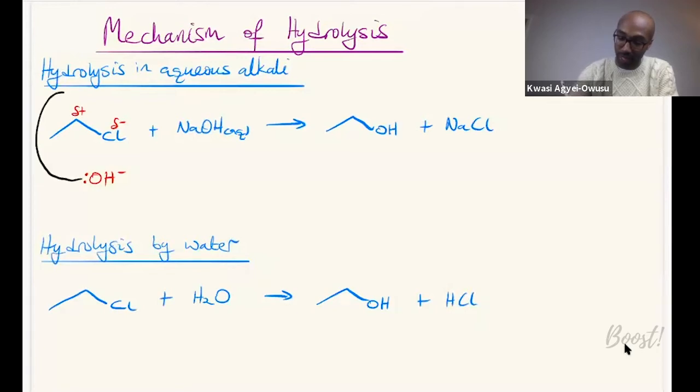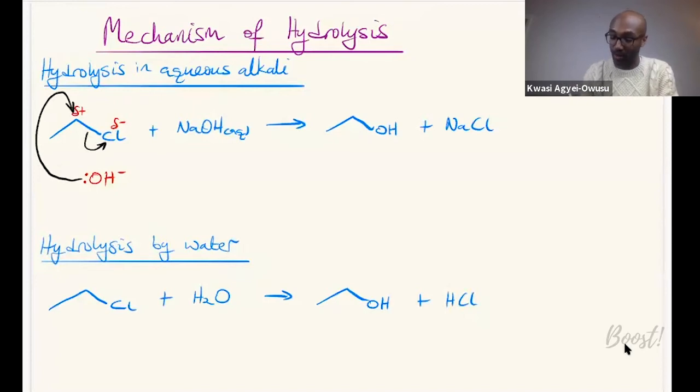So if I draw that as such, at the same time you're going to get the breaking of your carbon-chlorine bond. The pair of electrons in that carbon-chlorine bond are going to be repelled by the incoming pair of electrons from the hydroxide oxygen, and so that causes this second arrow, the second movement of a pair of electrons.